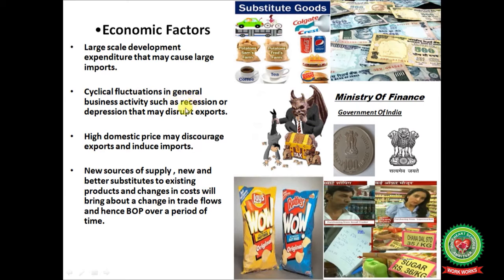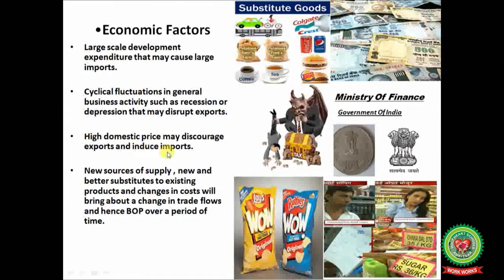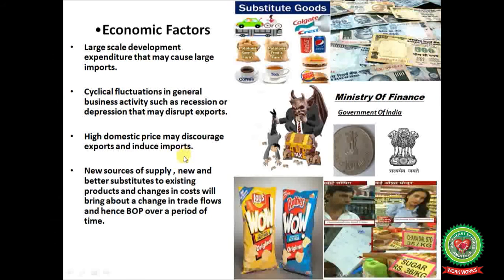Cyclical fluctuations in general business activity, such as recession or depression, may disrupt exports. High domestic prices may discourage exports and induce imports. New sources of supply, new and better substitutes for existing products, and changes in cost will bring about a change in trade flows and hence in the balance of payment over a period of time.